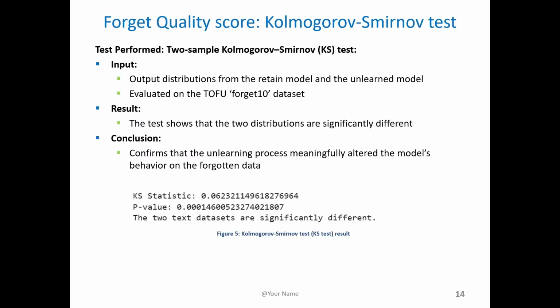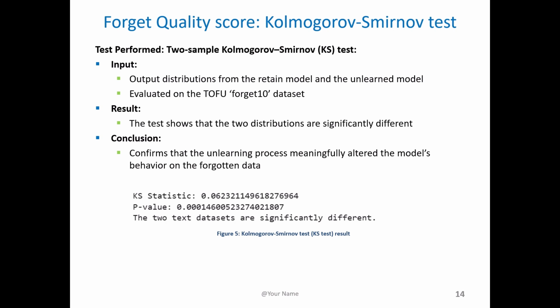For the forget quality, we used the KS test, or two-sample KS test. Here we have collected results from both models, the unlearned model and the retained model, using TOFU's forget 10 dataset. Now the output has been collected and the distribution of the output tested, and we have found that the two distributions are significantly different.